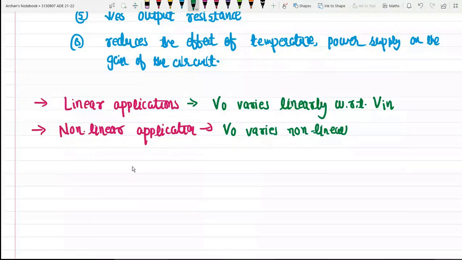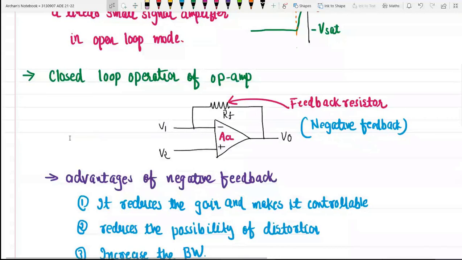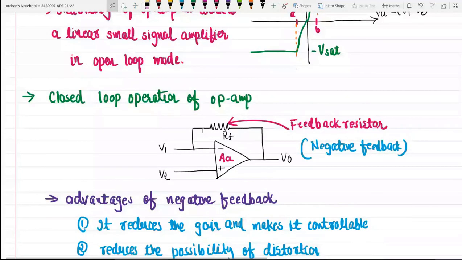Now when my output voltage varies linearly with respect to input voltage, and when it varies non-linearly with respect to input voltage, that depends on which kind of feedback we are going to use. Generally, whenever we have negative feedback, that means the feedback resistor is connected to the inverting terminal of the op amp, we will get linear applications of op amp.